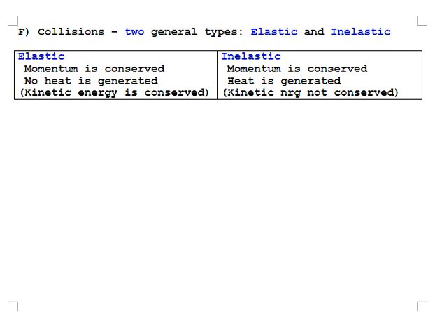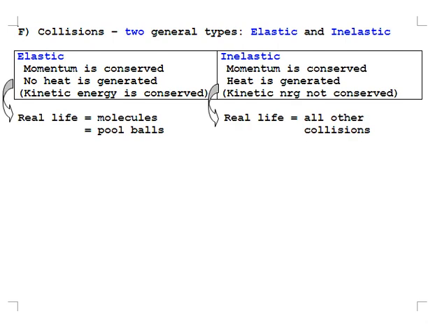In terms of real-life examples of these collision types, a real-life example of elastic collisions would be molecules in the air or in water. If every time molecules in the air collided they lost some kinetic energy, they'd eventually slow down and it would get really, really cold.